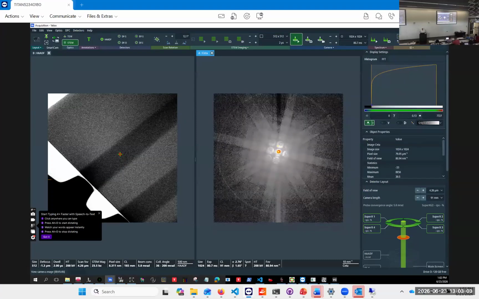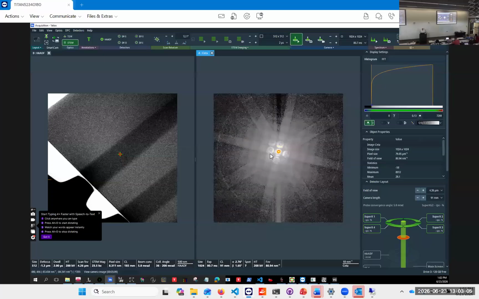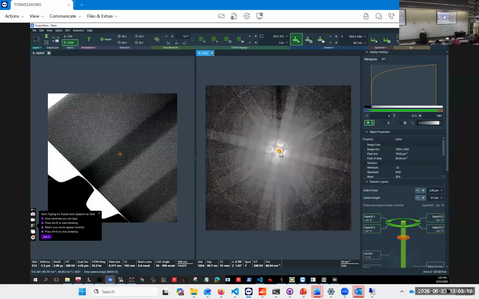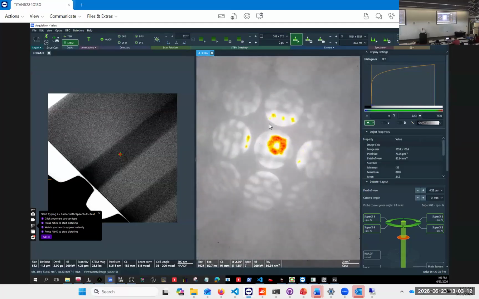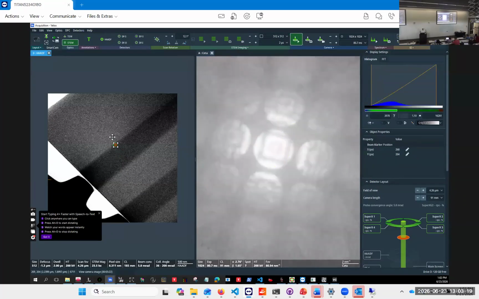So we do the same thing here, zoom in some. We have this square part in the center. Let's go to a thicker one. This one is apparently much thicker than the 60 to 80 nanometers that I had, and this one is thinner than that.